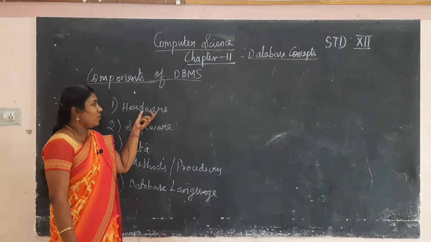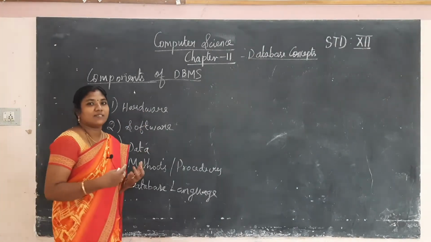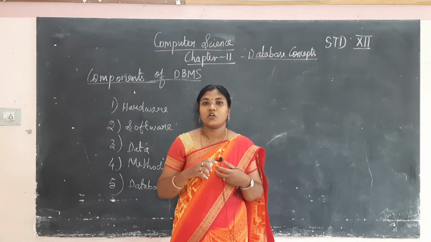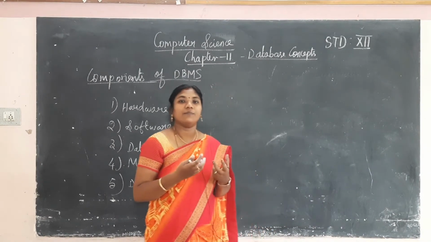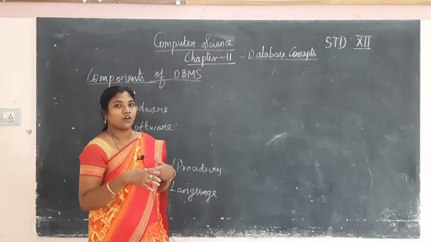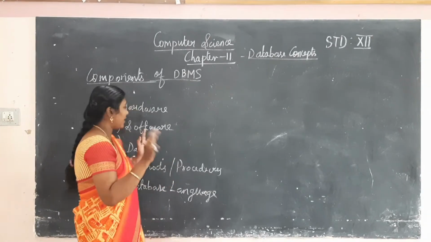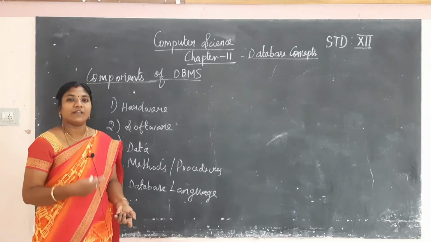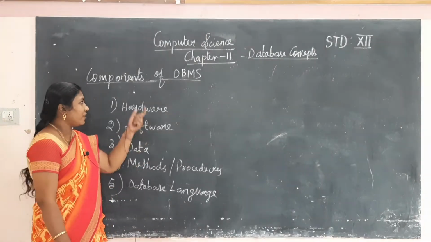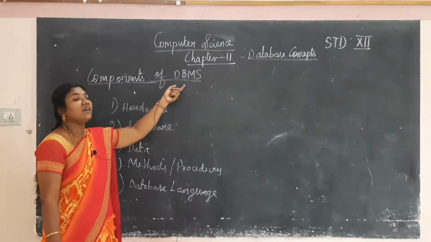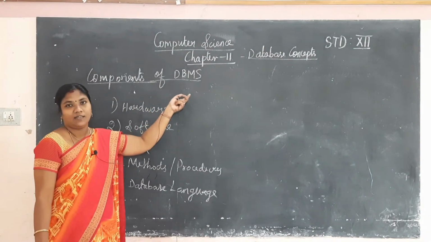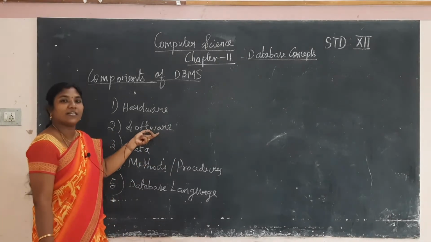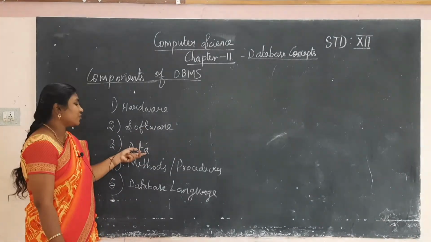So you know very well what hardware is. It must contain all the components of a system, all the hard disk, and the hardware must be able to support all the software and other components connected to it. That is the hardware. And next one, software. There are many softwares, and the particular software must be helpful for manipulating the database in DBMS, right? And next one, data.